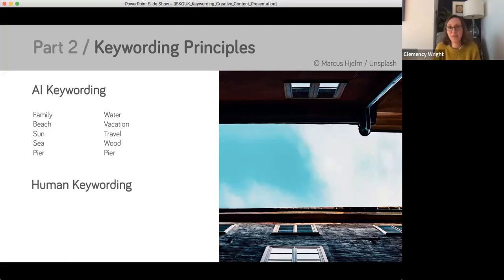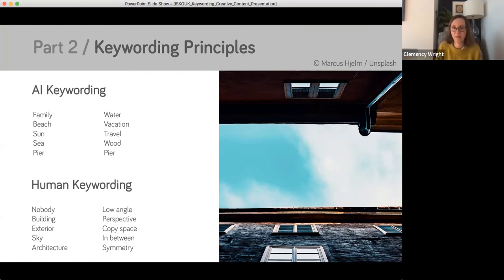But obviously in this case, this is not an image of the sea, it's not about vacation, and it doesn't show family. So even if most of the images in your library that show beaches and sea and water have families on them, this clearly does not. So versus the human keywording, where we can get into the real specifics about what we can see, that this is a building and it's about the exterior shot of a building seen from below. And that really the theme is architecture.